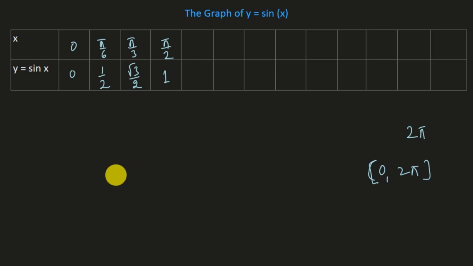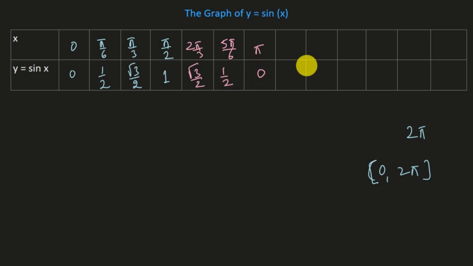Next we can take 2 pi by 3, then 5 pi by 6. The values of x that we are taking are at an interval of pi by 6. So 5 pi by 6, then pi, right? So here it would be square root 3 over 2, then 1 over 2, and then 0.